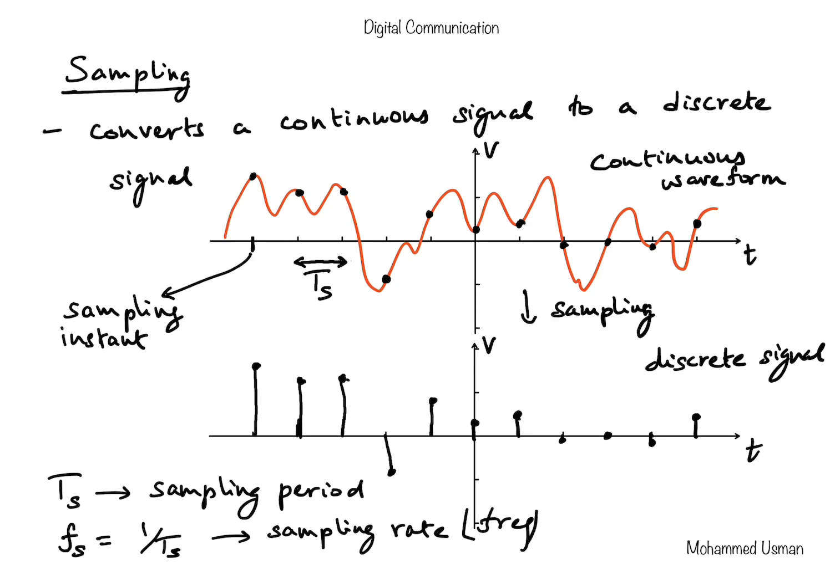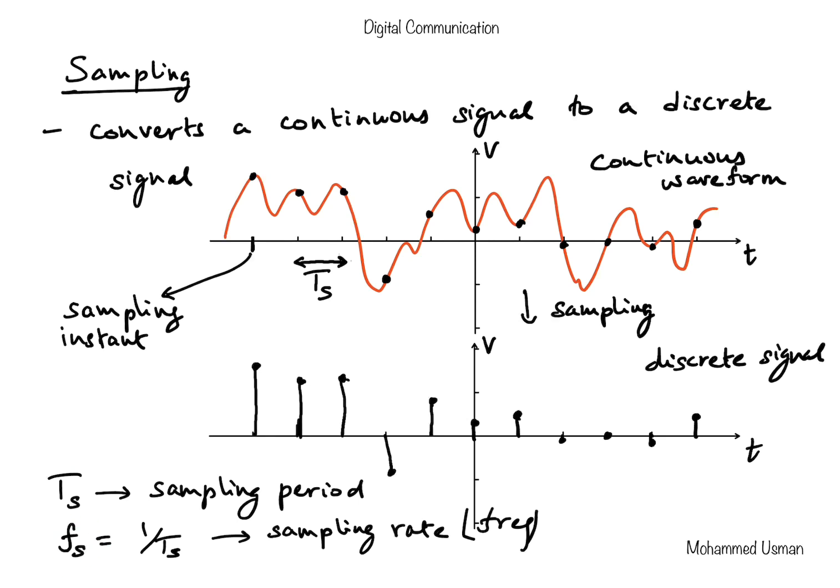So for example, we did sampling and converted this continuous waveform into this discrete signal. Now, what is the condition that we need to follow so that we can get back our continuous waveform from these discrete samples? In order to be able to reconstruct the original continuous waveform from the samples, we need to follow a certain rule, which is given by a certain condition on the sampling period and hence on the sampling frequency or the sampling rate.